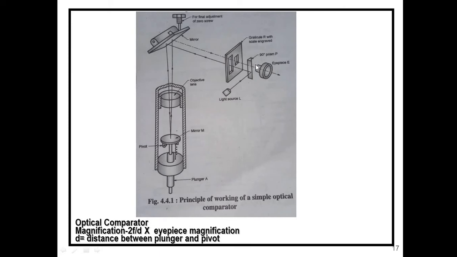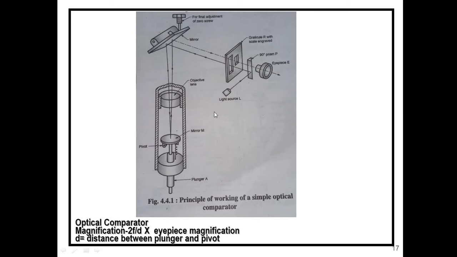So what is happening? The light from the light source L hits this prism P, and it gets reflected from the mirror M.